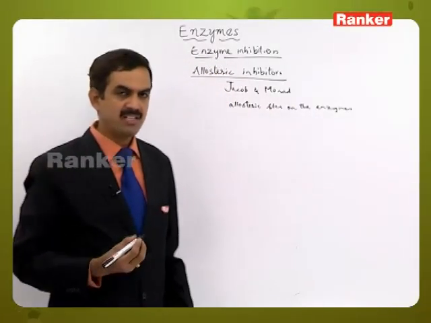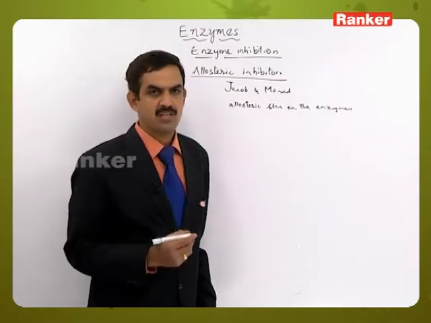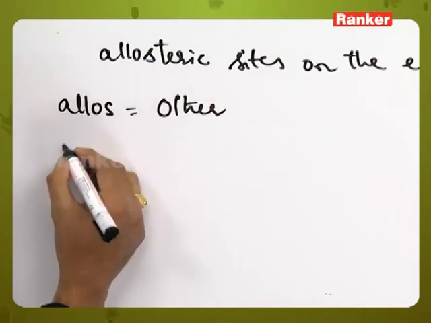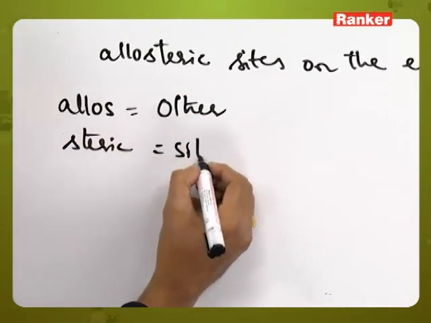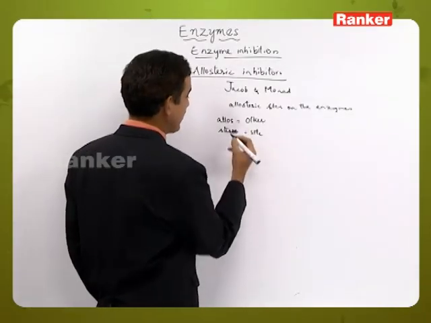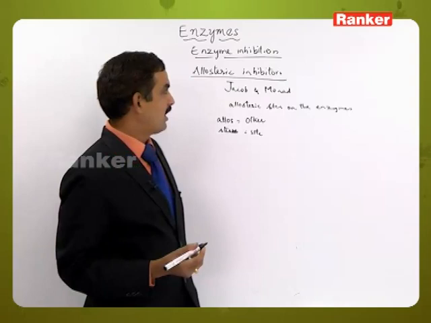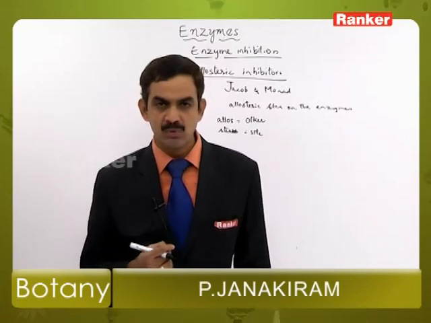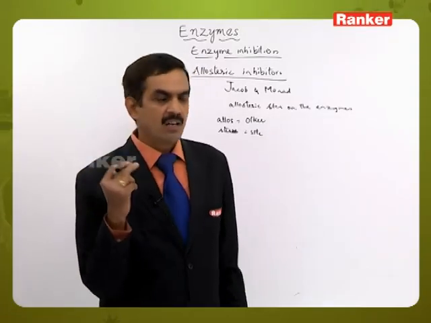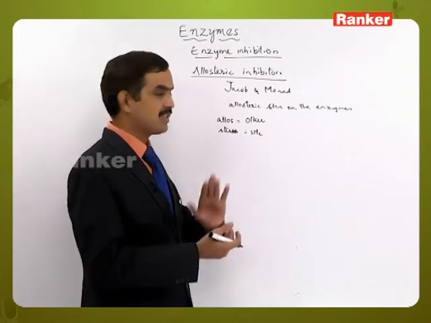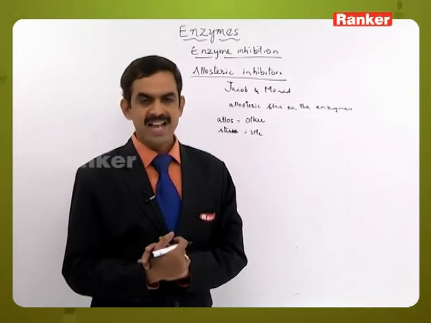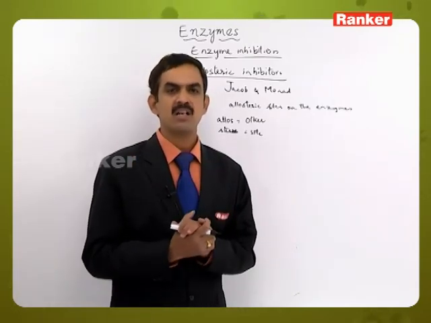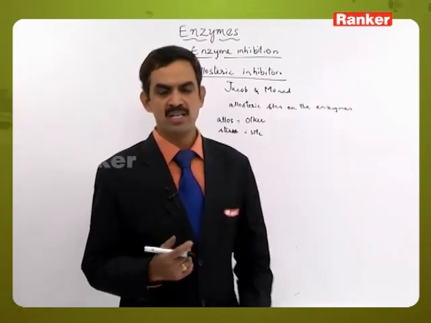The name has been derived based on that activity, in which allos means other, and steros means site. So the inhibitor will bind to another site on the enzyme, other than the active site, and the effect of that attachment of the inhibitor will show on the reaction. So the catalytic activity of the enzyme will be reduced. This type of inhibitors are called allosteric inhibitors.